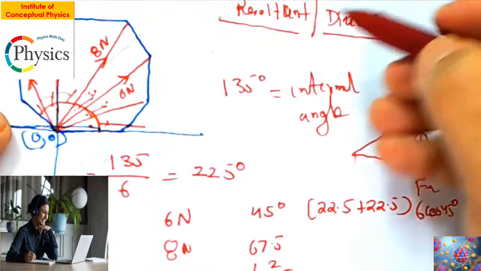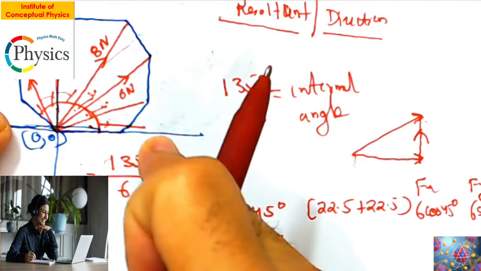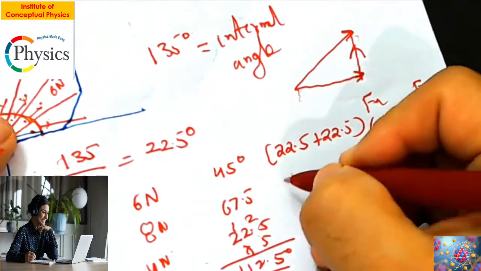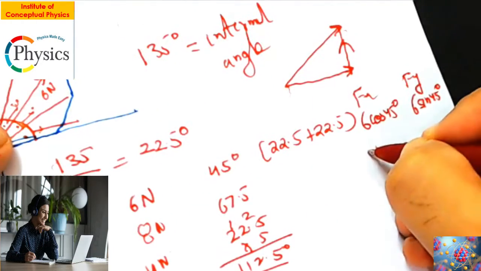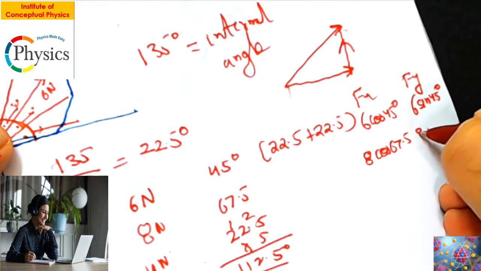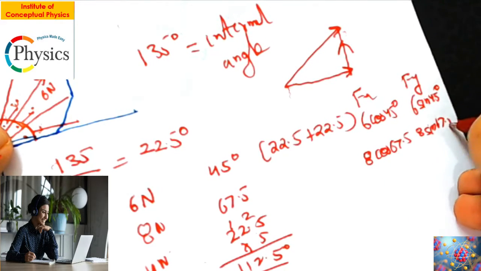Similarly, 8 newtons is 8 cos 67.5 and 8 sin 67.5.